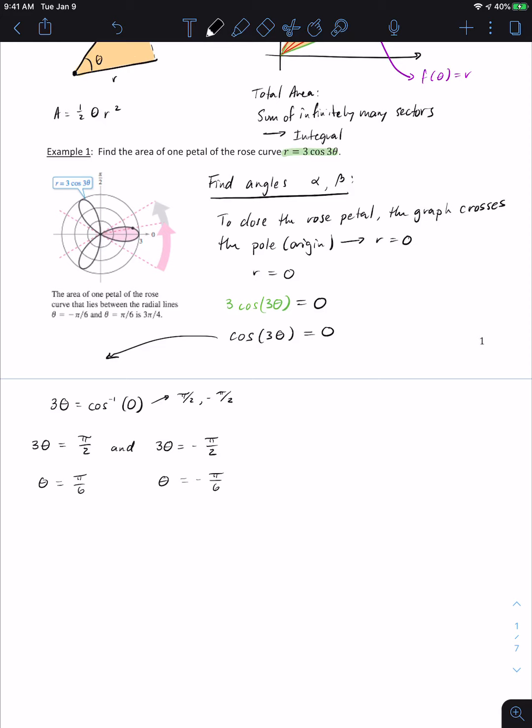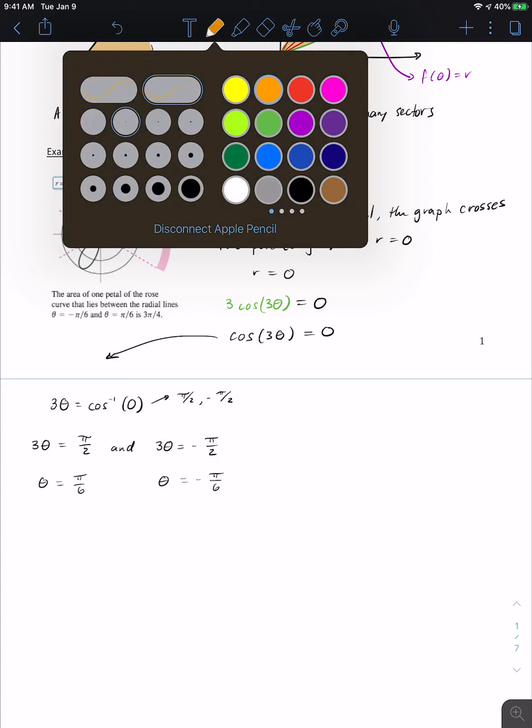And if you look at this picture, this dotted line right there is the line theta equals pi over 6, because it's the line at the angle pi over 6. So let's draw it a different color. This guy, let's draw in orange.